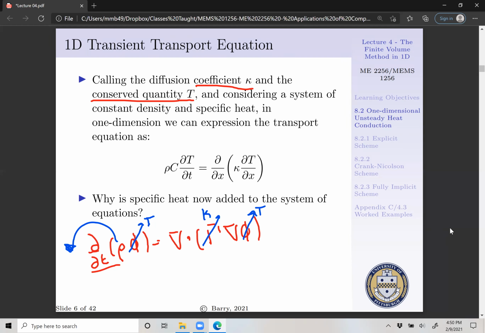Now on the left-hand side, we have to be careful, and we have specific heat added to our system.